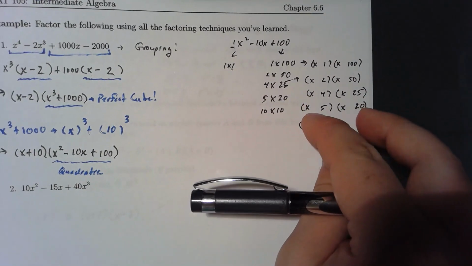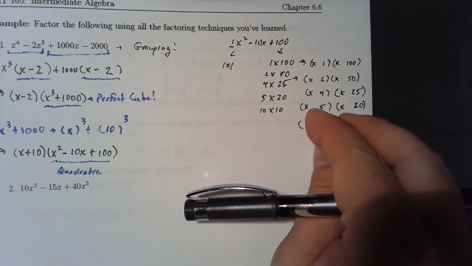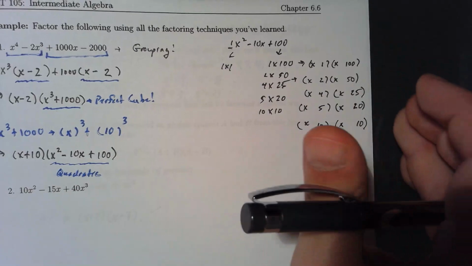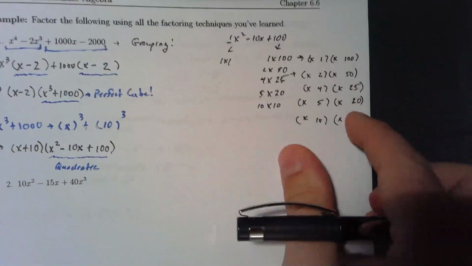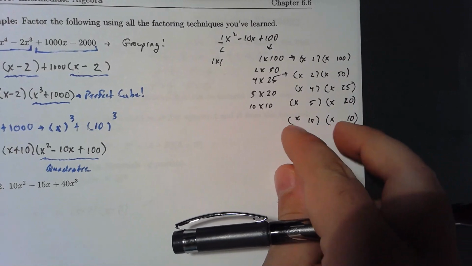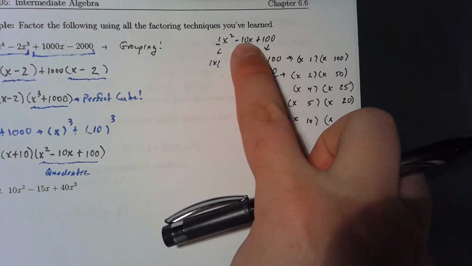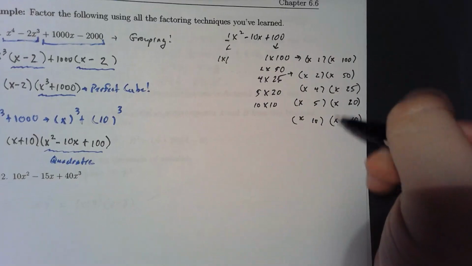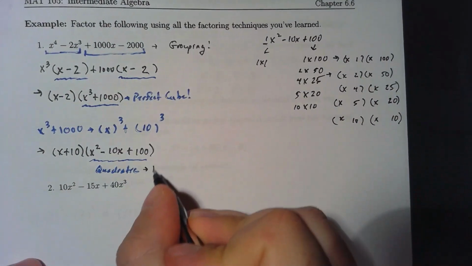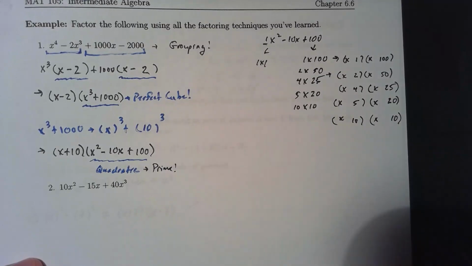That would give me 15, right? 20x, 5x, that's going to be either 15x or 25x. That's not going to give me negative 10. And 10x, that would have to give me 20x, right? But I have negative 10x. So none of these are going to work. So what does that mean about this quadratic? It's prime. It doesn't factor.